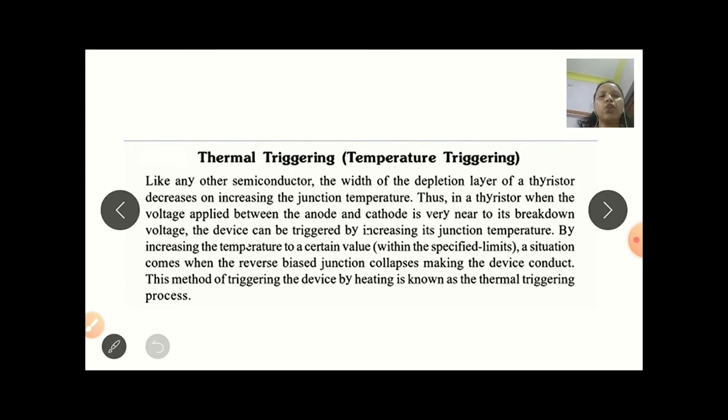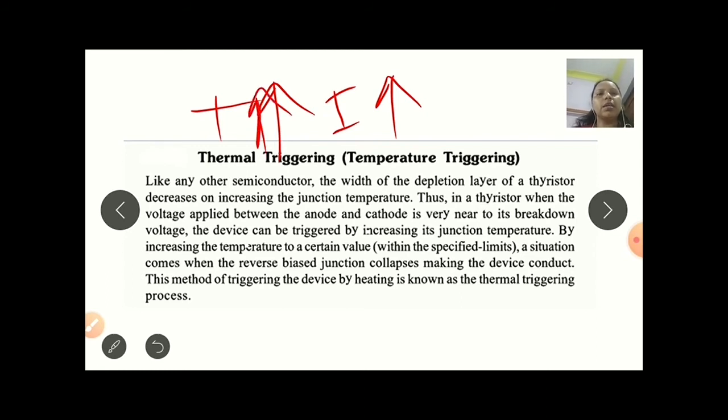When the junction temperature increases, the leakage current increases again. Again the power loss increases, the heat increases, and the junction temperature increases. Then again the leakage current increases.